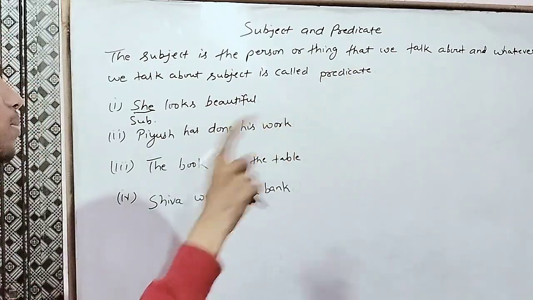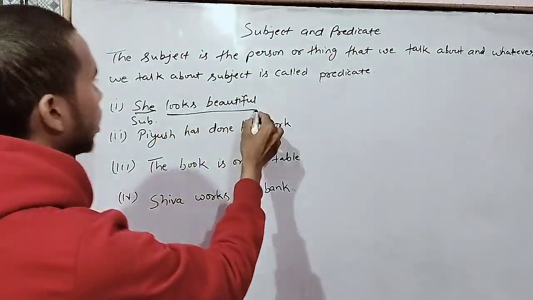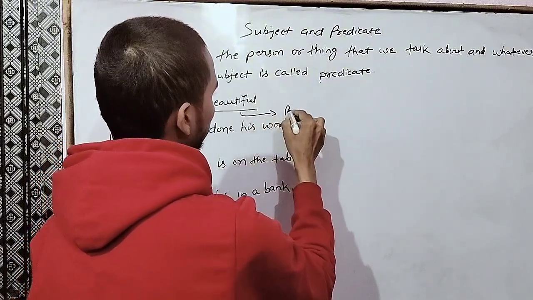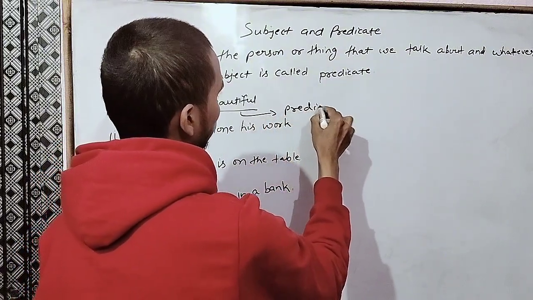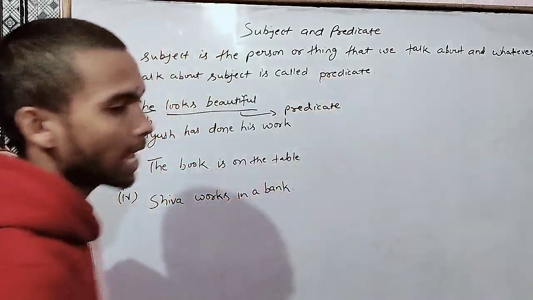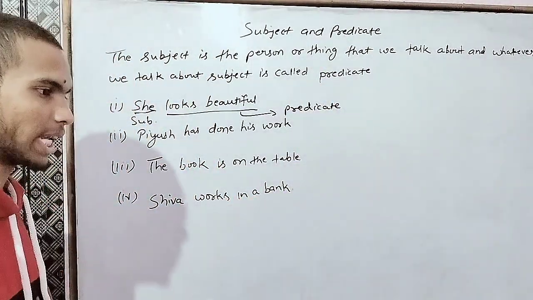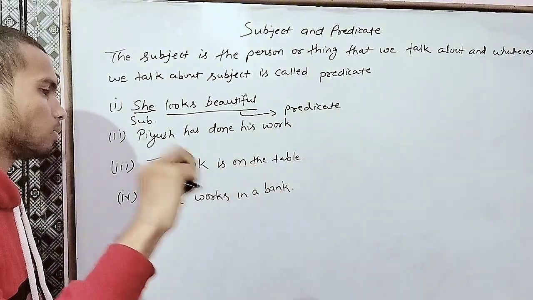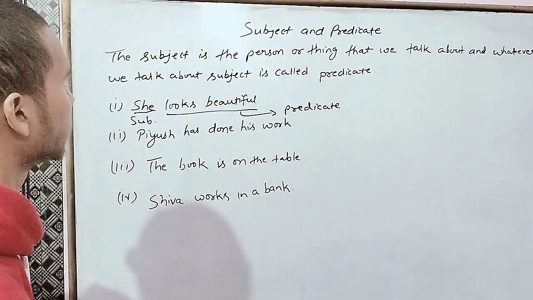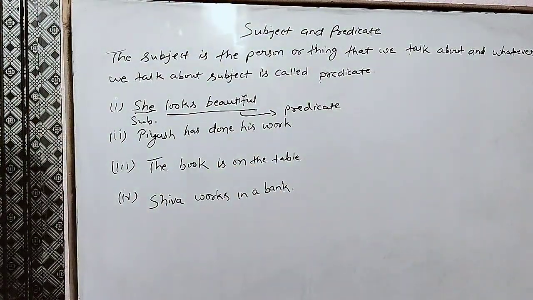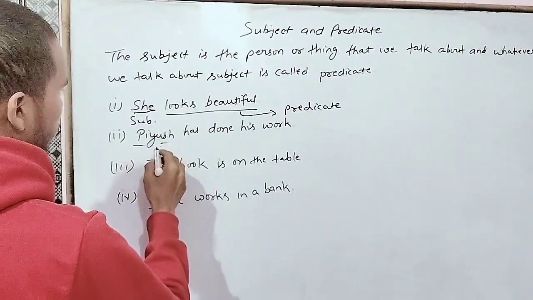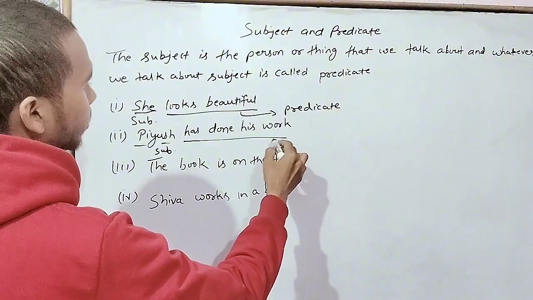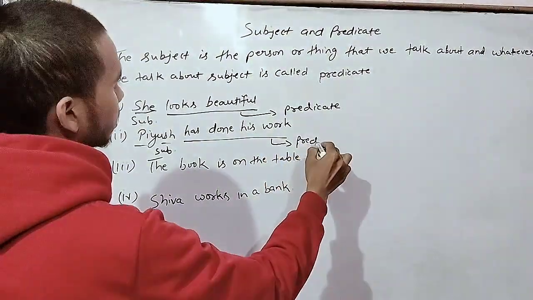So except the subject, whatever we have will be known as predicate. Clear? Except the subject, whatever we have will be known as predicate.